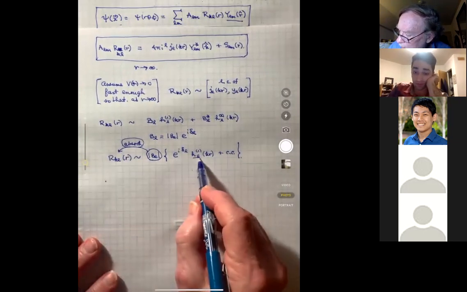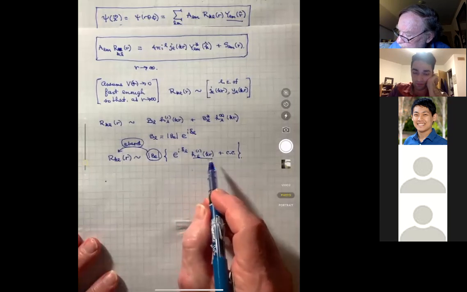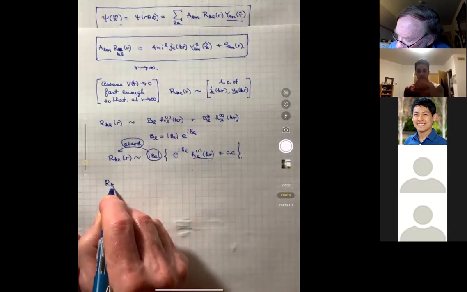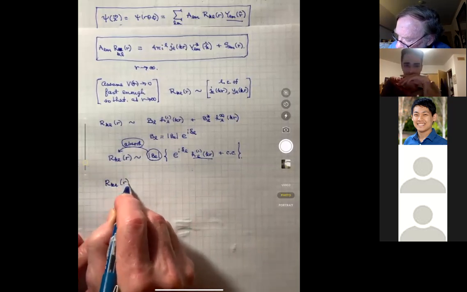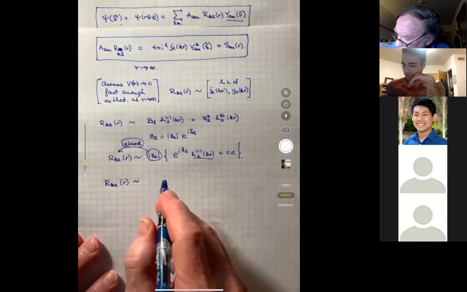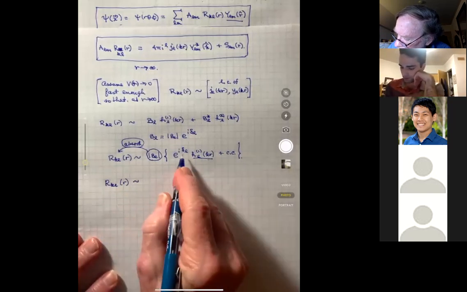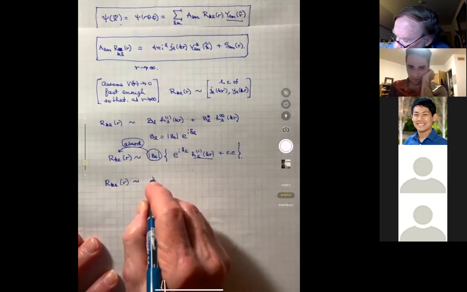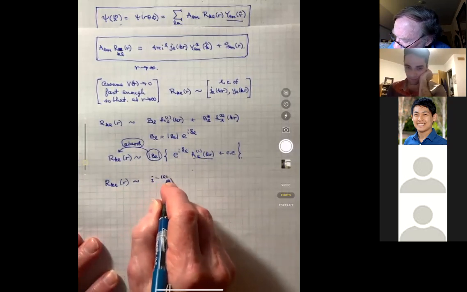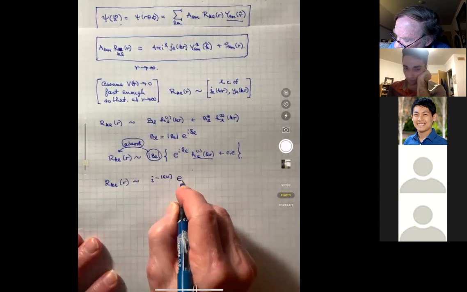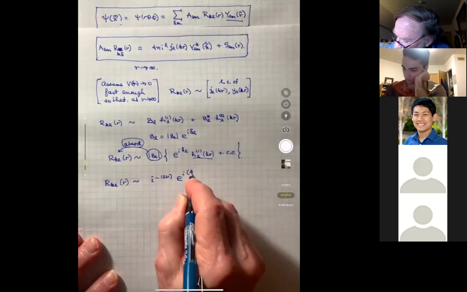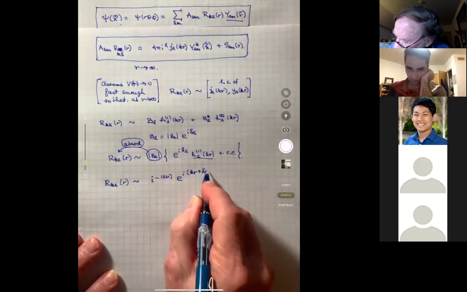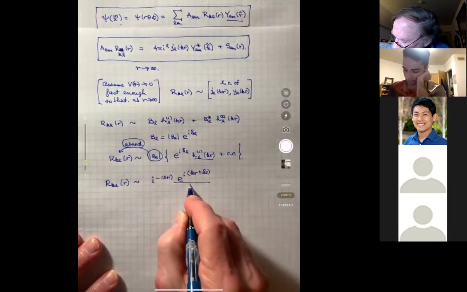What I will do is take the asymptotic forms of the h_L and its complex conjugate and write them in. And if we do this, then what we get is R_kL of r as the asymptotic form of e to the i delta L times the asymptotic form of h1_L. Well, that's the same thing as i to the minus (L plus 1) times e to the i(kr plus delta L) over kr.